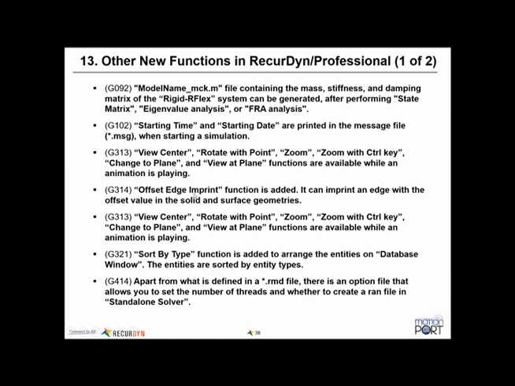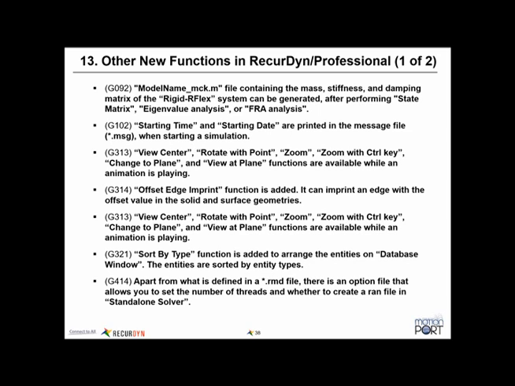This next one has to do with full flex, and I think it'll probably be covered a little bit more when that's discussed later today. But it's this offset edge imprint. So basically, imprint is all about providing input information to create a finite element mesh within RecurDyn.